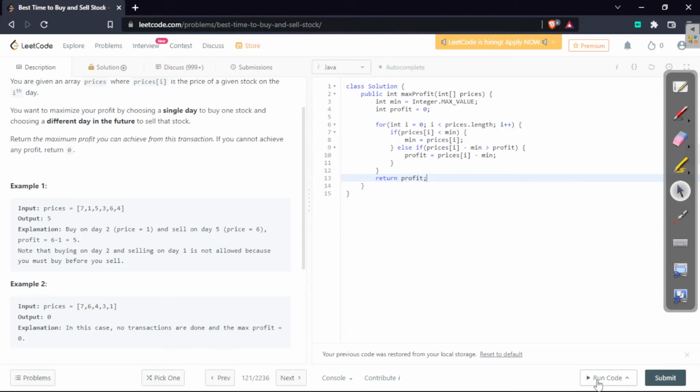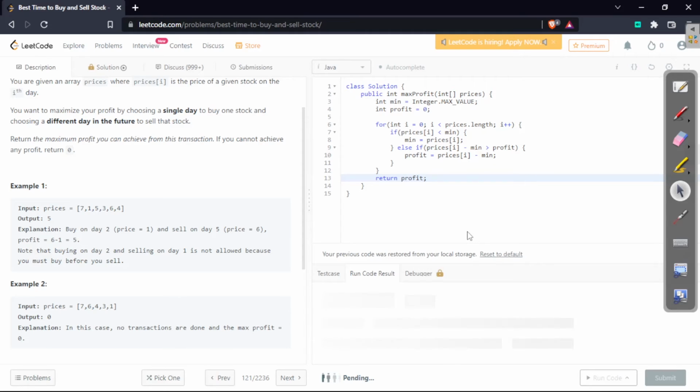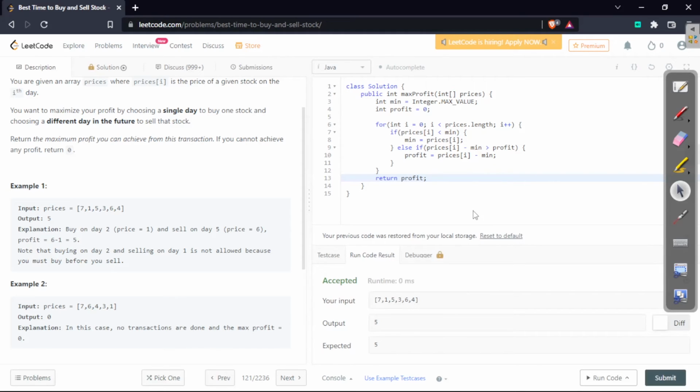Let's see if the code runs. Yes, it runs. Let's submit the code.